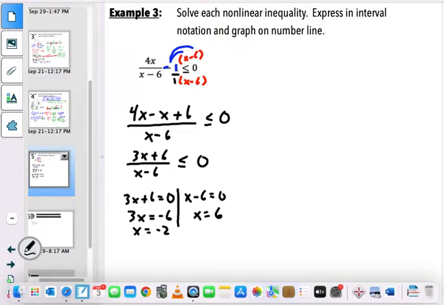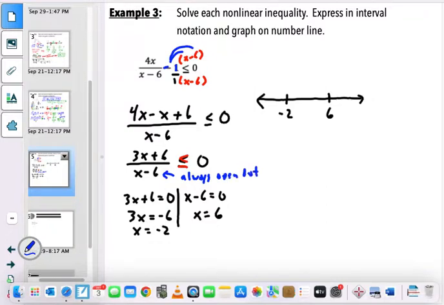All right, so let's put these values here on the number line. My smaller value on the left. This time we have a less than or equal to symbol in between them. All right, the denominator, remember the 0 down here is always an open dot.